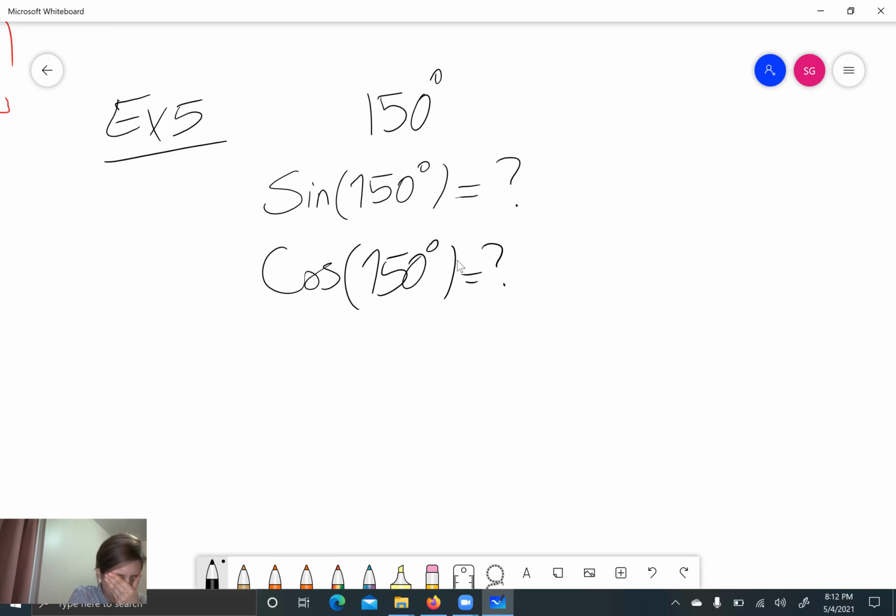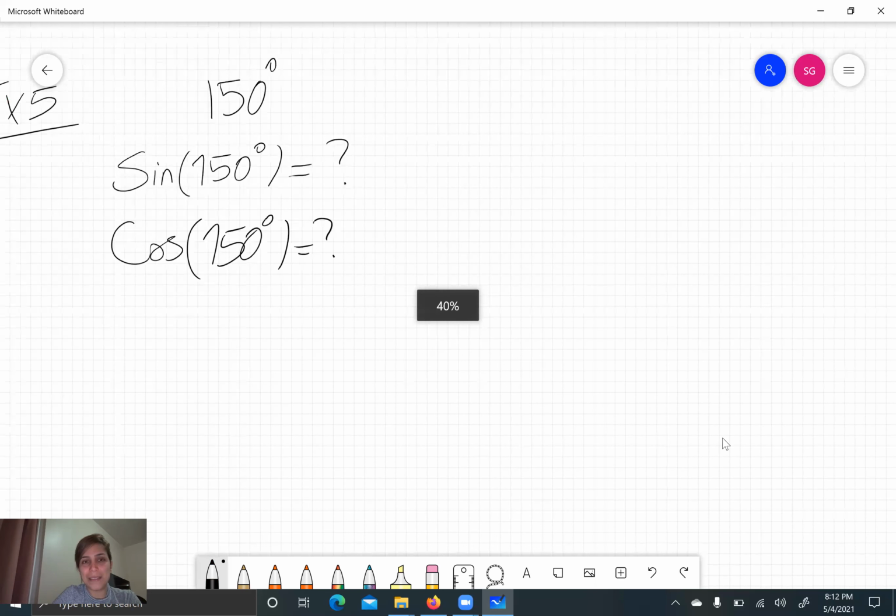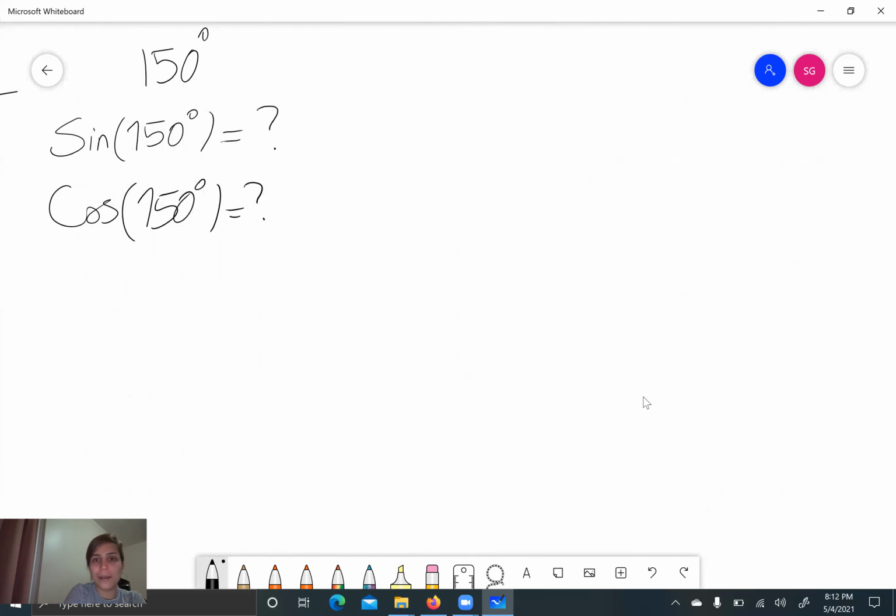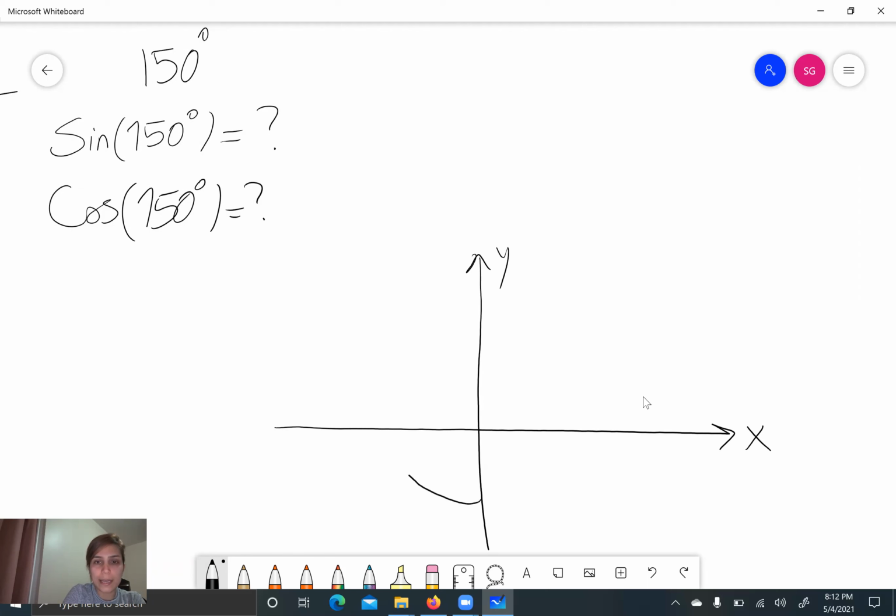Okay. So again, I like to show you in a circle because that really is going to help. So let me draw the x-axis, y-axis, and a unit circle. Again, what is a unit circle? It's a circle centered at the origin with radius 1. Now let's draw 150. We start from here and rotate around the circle, but we don't touch the x-axis, because the x-axis is 180, right?